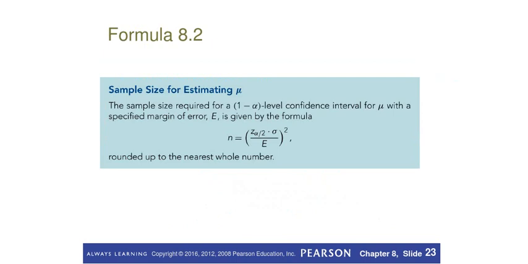This formula, n equals z alpha over 2 times our standard deviation for the population divided by the margin of error, squared, is developed algebraically from our margin of error calculation, right? There's a little bit of algebra involved right here. For the confidence interval, though, if we have a given confidence interval, we can find the sample size that's needed to obtain it.